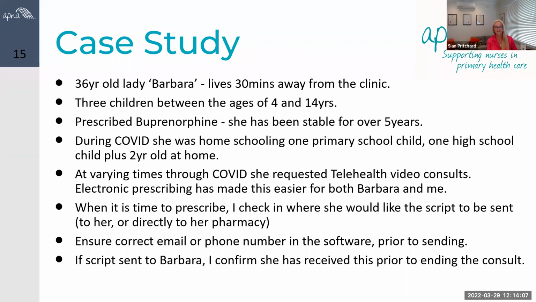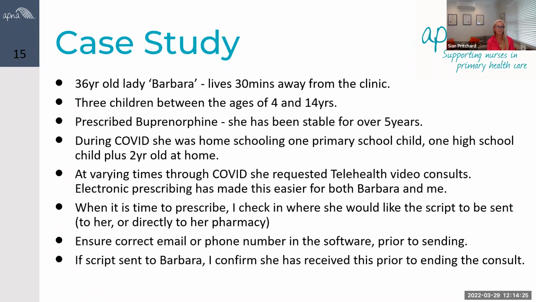So on to my case study. Today I brought Barbara, who's a 36-year-old lady. She lives about 30 minutes away from the clinic, which doesn't seem that far, but she does have 3 children between the ages of 4 and 14. She also works in an aged care facility.